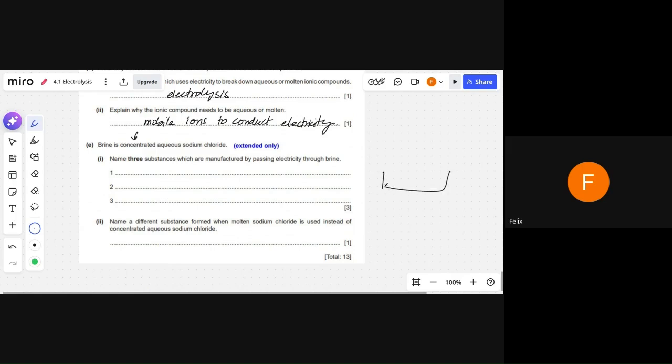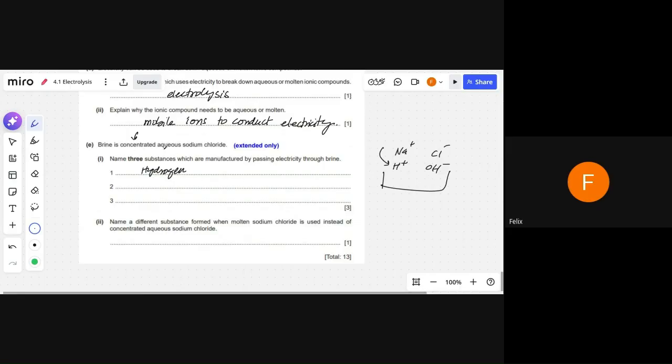So we will have Na plus as a positive ion, H plus as a positive ion, Cl minus as a negative ion, and OH minus as a negative ion. Since hydrogen is less reactive than sodium, sodium will not be deposited, so you will get hydrogen gas.